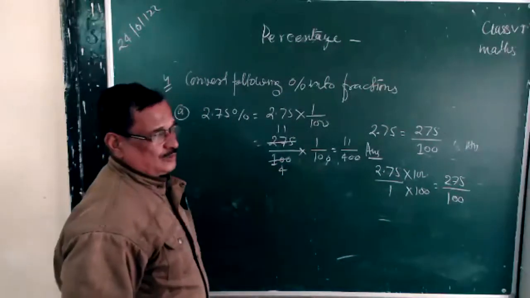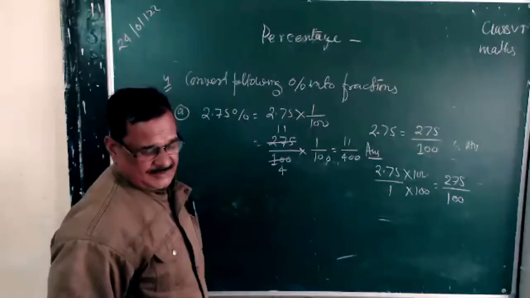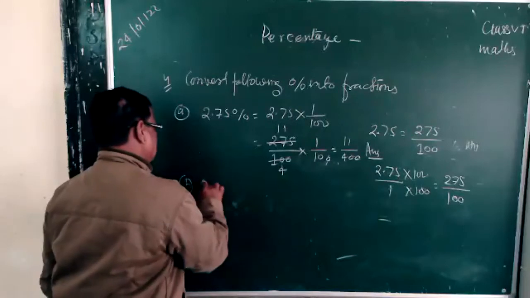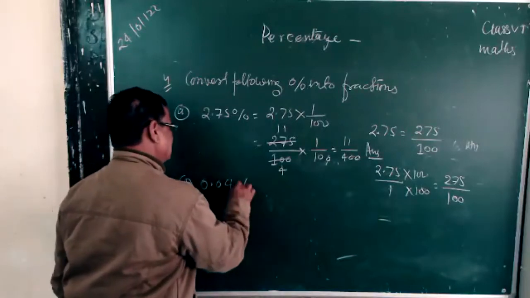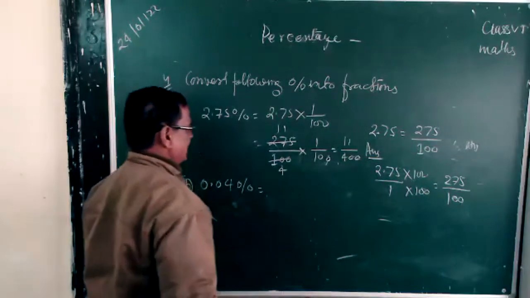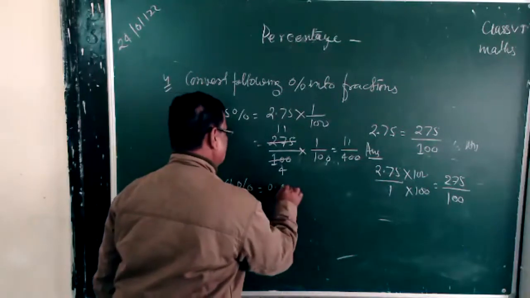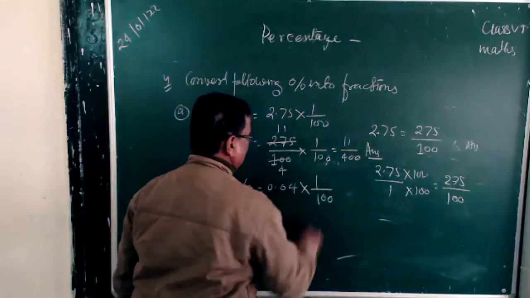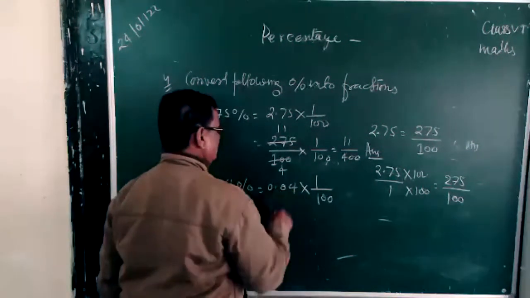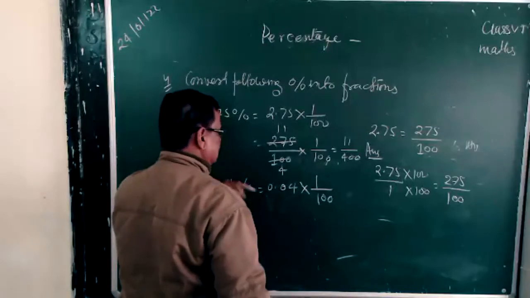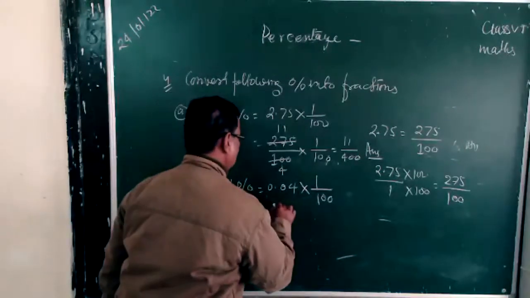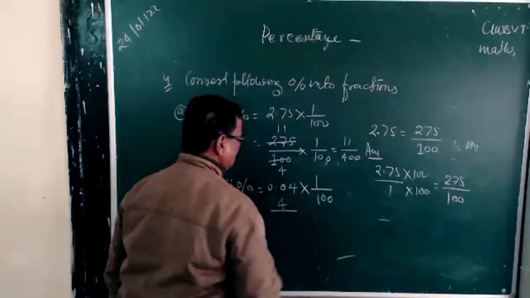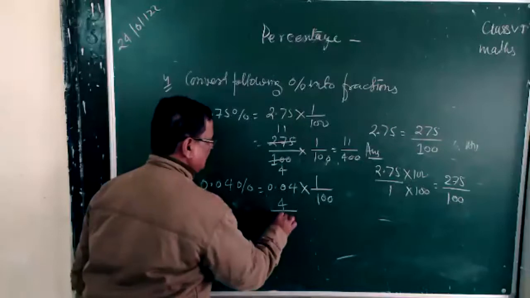2.75% is converted into fraction. After that, given 0.04% convert into fraction. So 0.04 into 1 by 100. Percentage removed. Now remove the decimal: shifting the decimal 2 digits to the right, multiply by 100 up and down also.